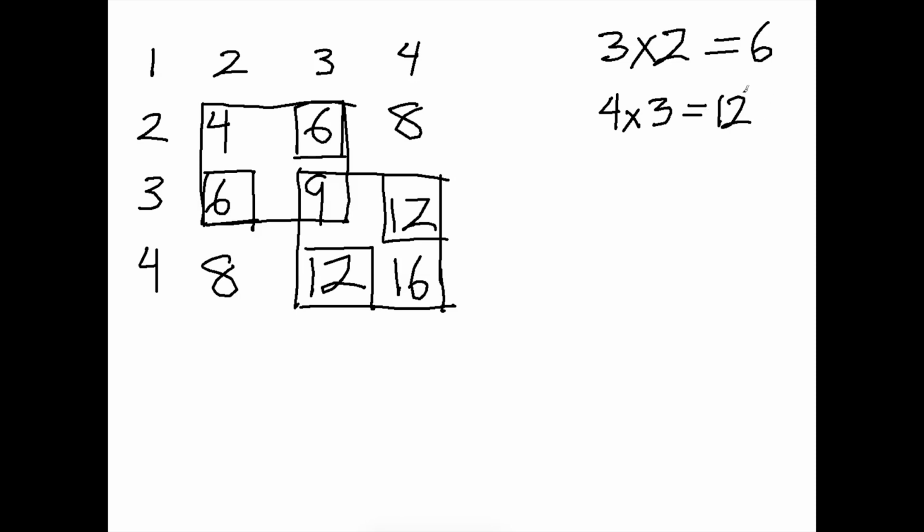And 12 is a heteromechic number because the numbers you multiply to get 12 in this case, 4 times 3, are different by 1 as well. And so that means that the product of 5 times 4 will also be a heteromechic number because the difference there is 1. So 20 will be a heteromechic number.